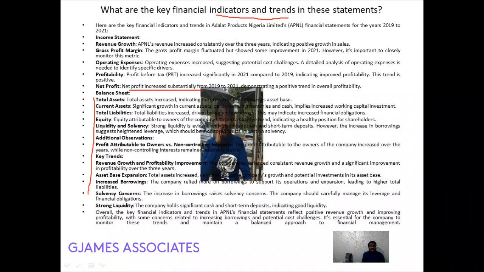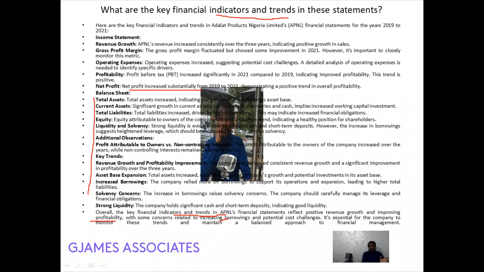Overall, the key financial indicators and trends of the Adalat financial statements reflect positive revenue growth and improvement in profitability, with some concerns related to increased borrowing, which I earlier mentioned under our liability. Potential cost challenges are also there.